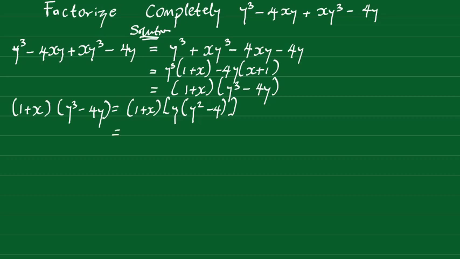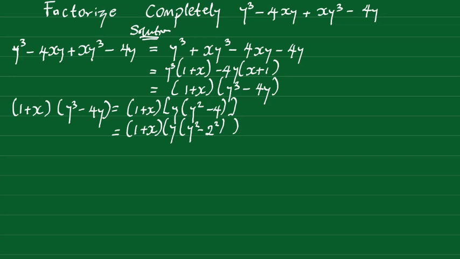Now solving further, we have bracket open, 1 plus x, bracket close, bracket open, y bracket open, y squared. 4 is the same thing as 2 squared. So this gives us minus 2 squared, bracket close, bracket close.